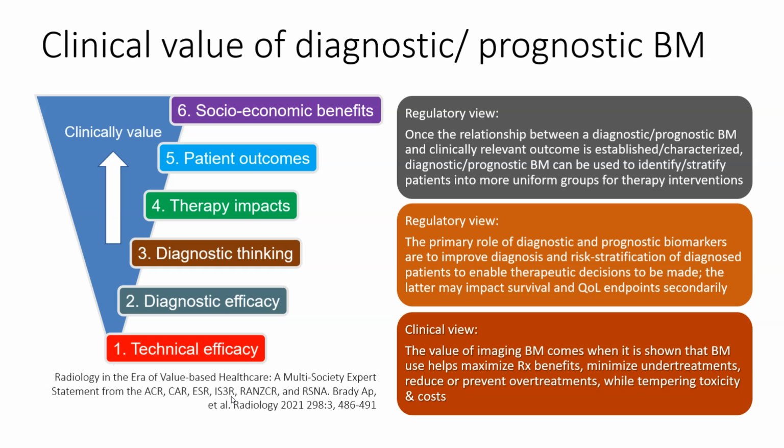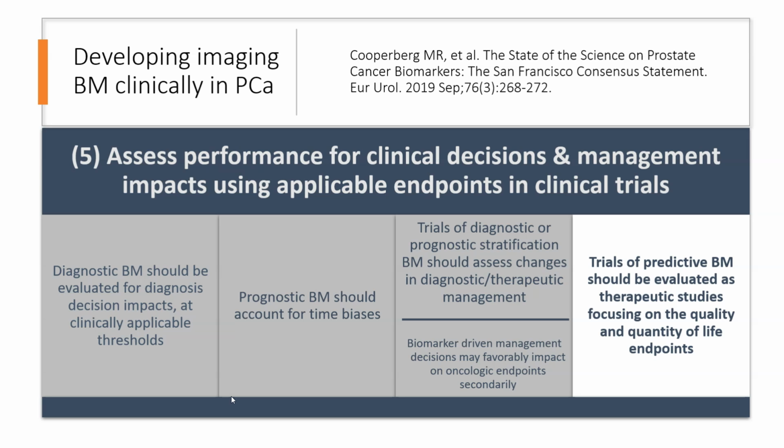However, from a clinical value perspective, value comes when it is shown that the biomarker maximizes treatment benefits, minimizes undertreatments, reduces or prevents overtreatments while tempering costs and toxicities. In other words, clinical value is when there are positive diagnostic thinking impacts, therapy impacts, and positive patient outcomes impacts, hopefully with societal benefits.